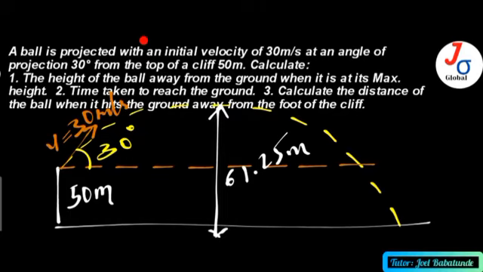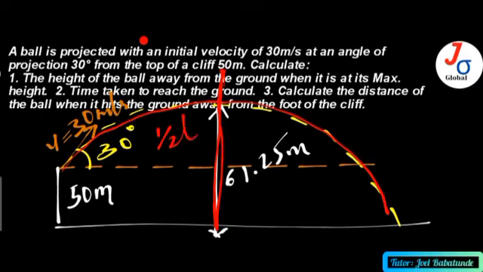So first it's going to go like this. So this is half of the journey of case 1. Then this is case 2 journey. So I'm using half of the time of flight for the first case, because it's just going half by half.